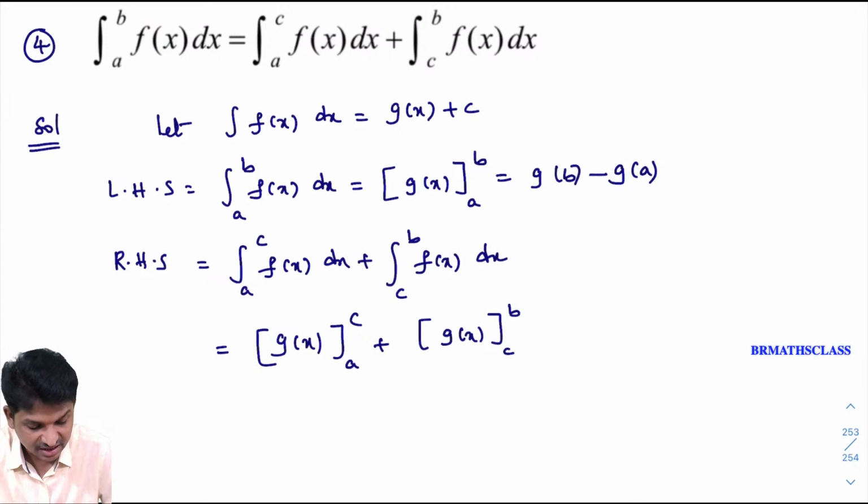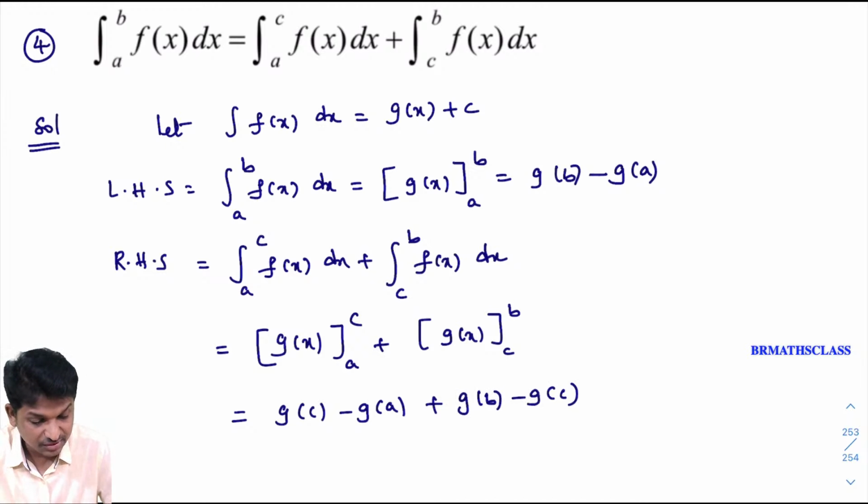I hope you are understanding. Here apply the upper limit minus lower limit. This will become g of c minus g of a, plus g of b minus g of c.